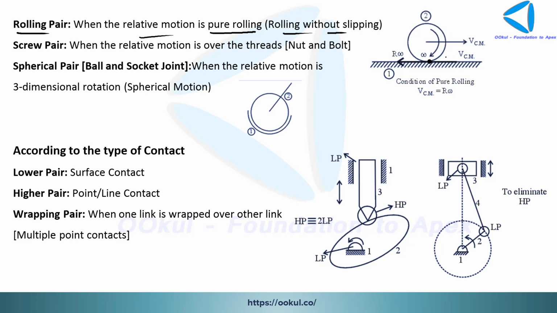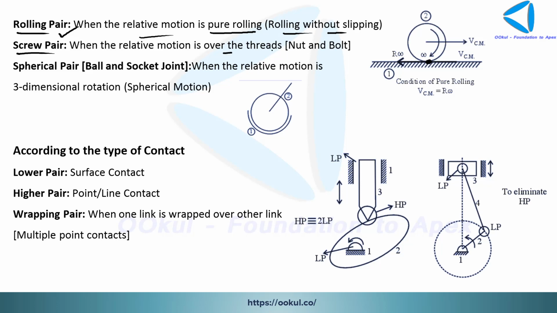If this is rotating this way, this position will be at rest, which is known as an eye center. Don't worry about that concept, we will look into it in greater detail in velocity analysis. So this kind of pure rolling is known as your rolling pair.